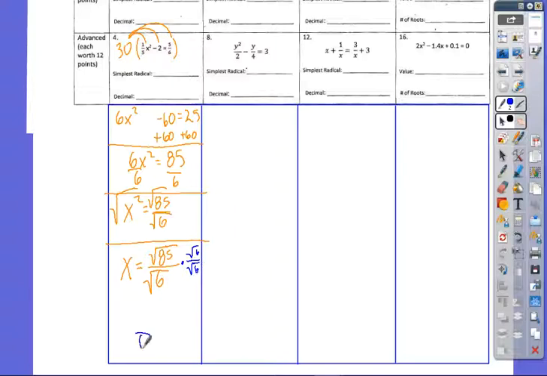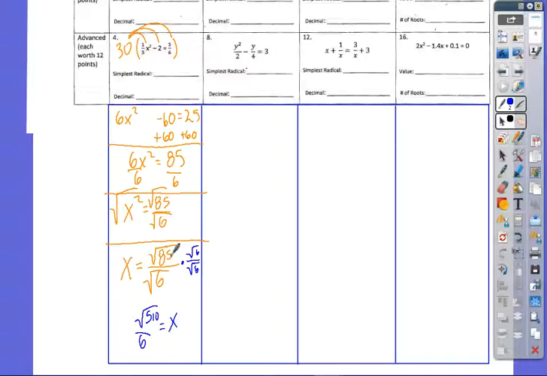All right. And the square root of 85 times the square root of 6 is going to be the square root of 510. And so that's going to be equal to x. But wait a second. When I square root, is it possible that we have two answers?